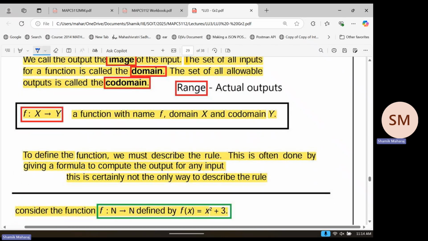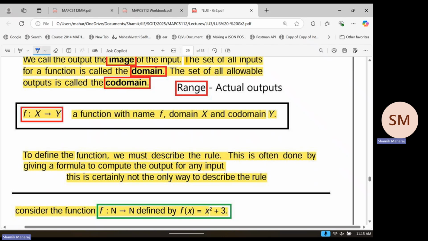So domain, we know are all the inputs of a function. To be more specific, the domain is the set of all inputs of the function. Sometimes we just call them the x values. Doesn't have to be x, but the set of all inputs of a function is the domain. The set of all outputs is the range. Yeah, you might have seen that before, the y values.